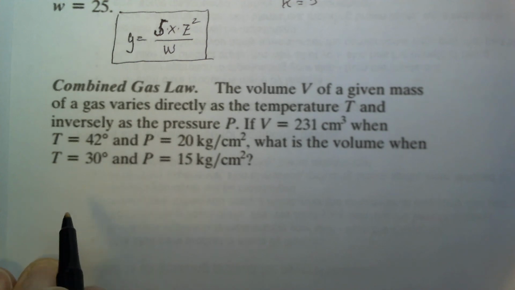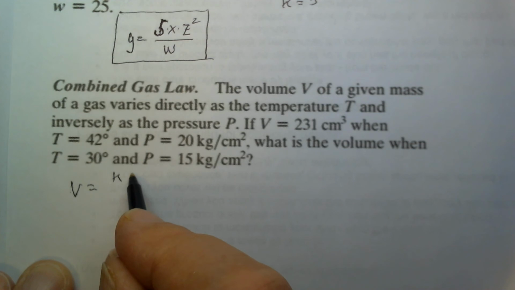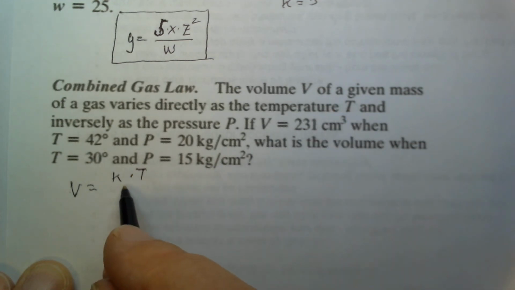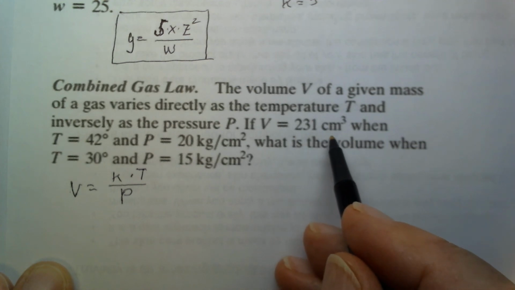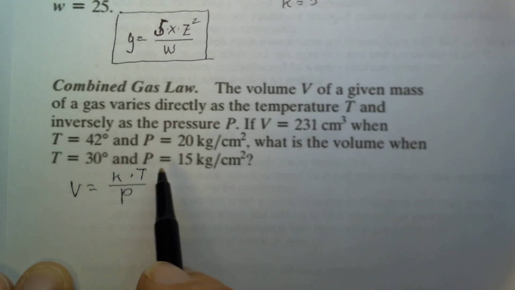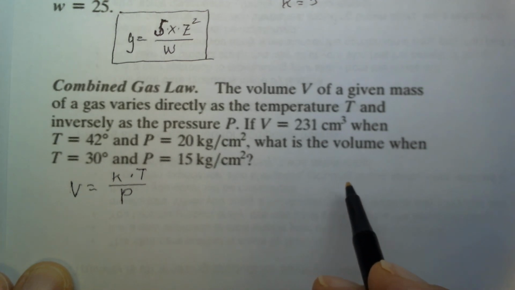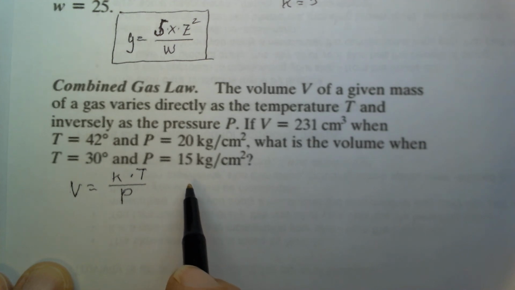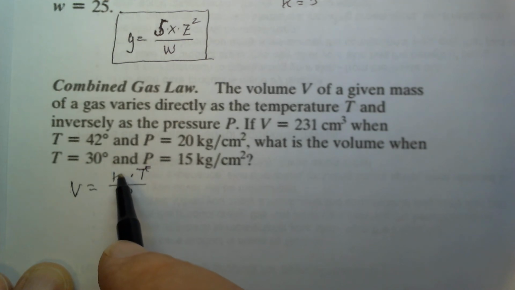Well, that means that the volume varies directly as the temperature T, k times T, and inversely proportional to the pressure P. Given that V is 231 cubic centimeters when T equals 42 degrees and P equals 20 kilograms per centimeter squared, what is the volume when T equals 30 degrees and P equals 15 kilograms per centimeter squared? Well, let's first find the equation of variation.